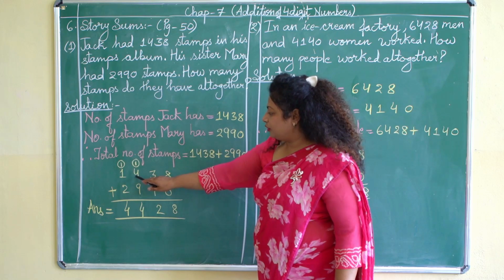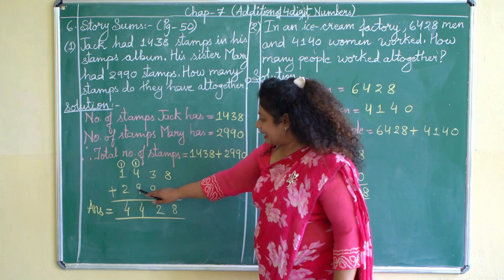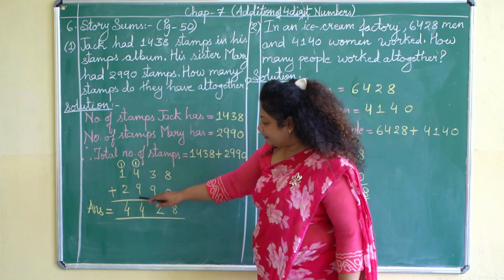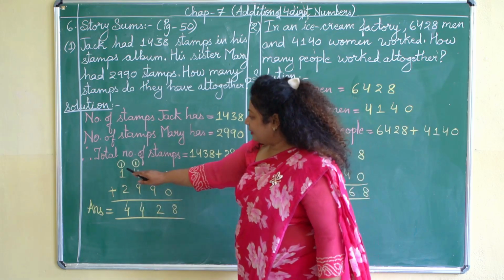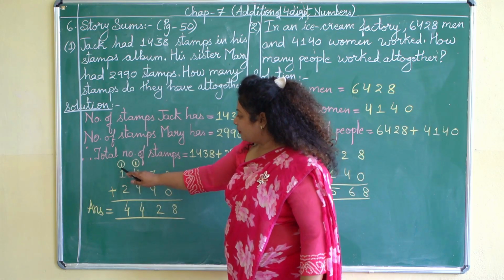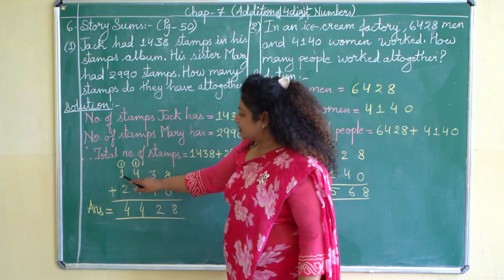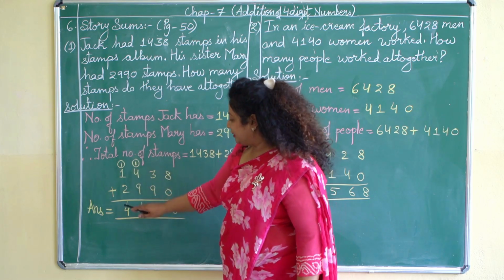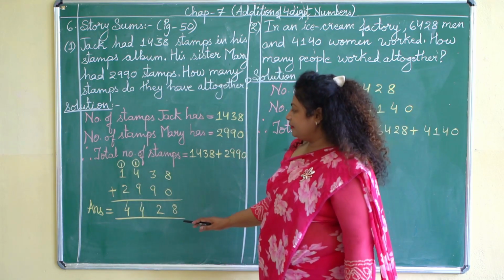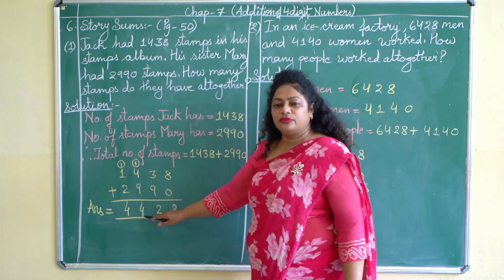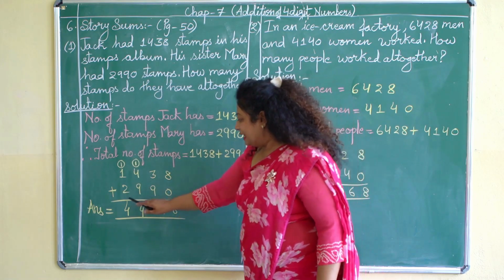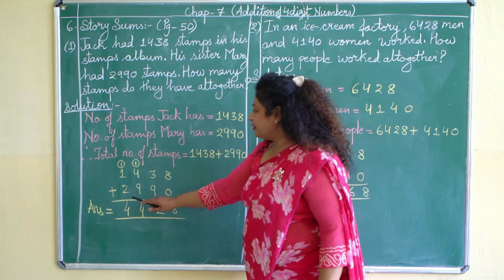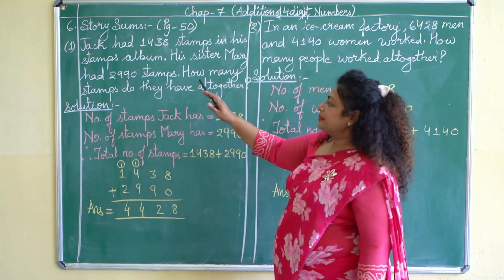It will be written on top of 4. 4 plus 9 will give you 13. 13 and 1 will give you 14. Again 1 will be written on top of 1. So let's add. 2 plus 1 is 3 and 3 plus 1 is 4. So the answer we got is 4428, and these are the number of stamps in the stamps album.